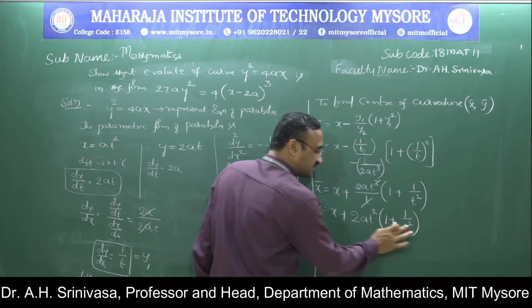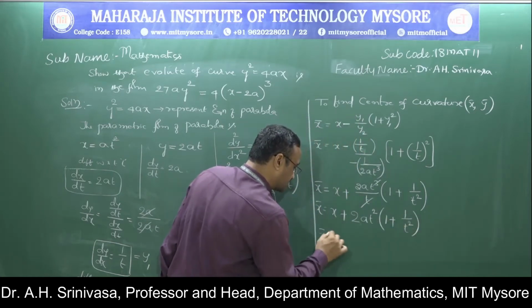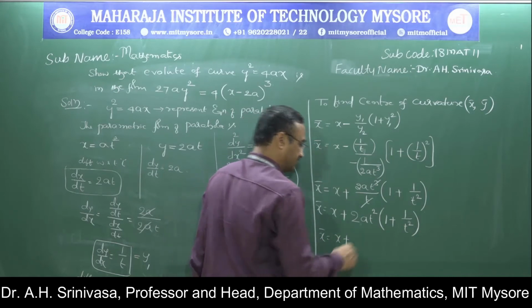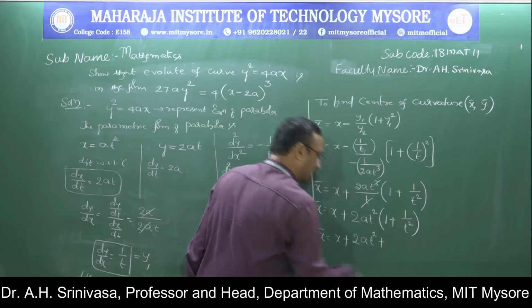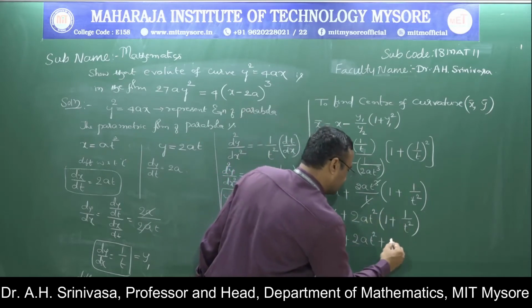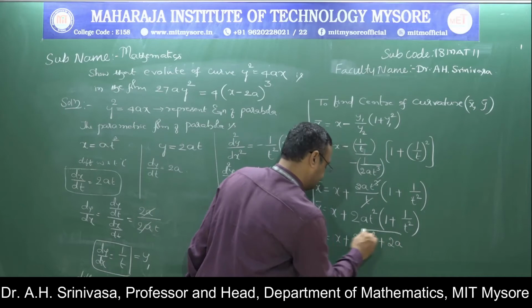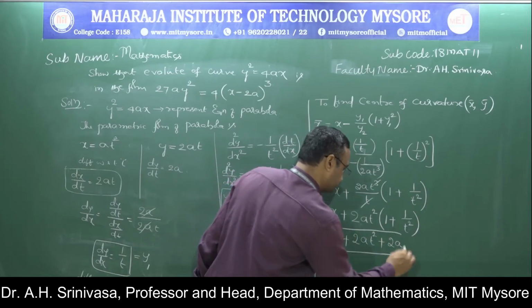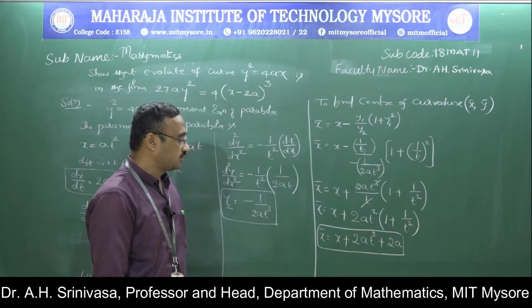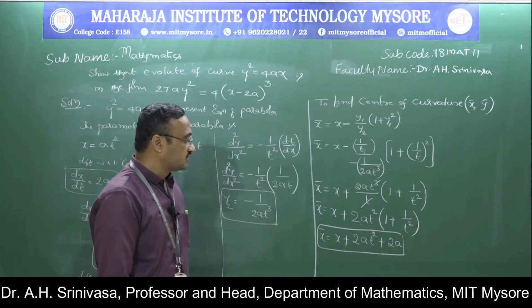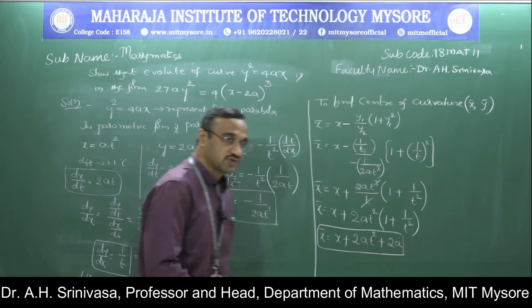Now multiply this t inside, we get x bar equal to x plus 2 times a t square plus, then multiplied here, this is 2a. Now I got the x bar value like this. X bar is x plus 2a t square plus 2a.